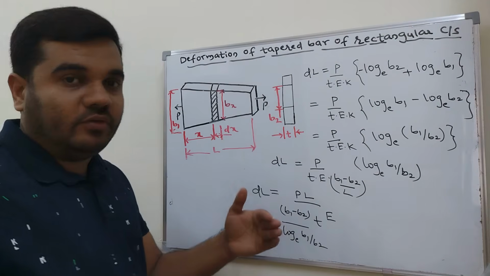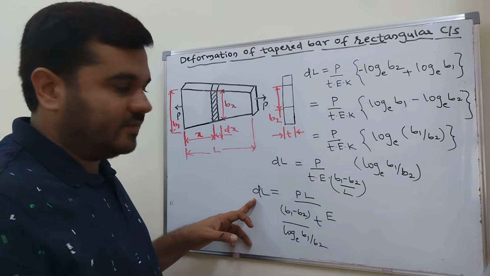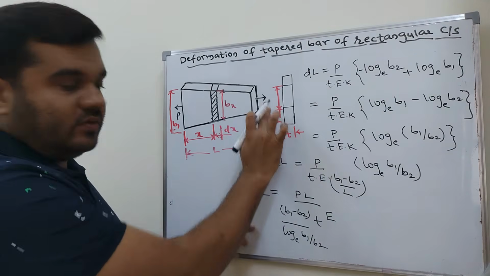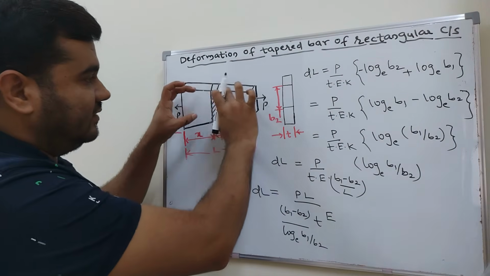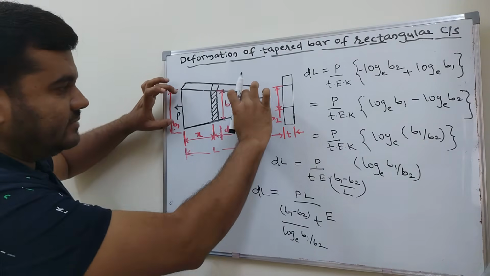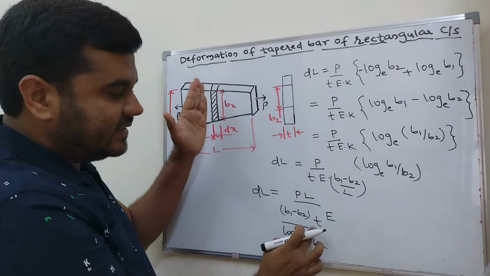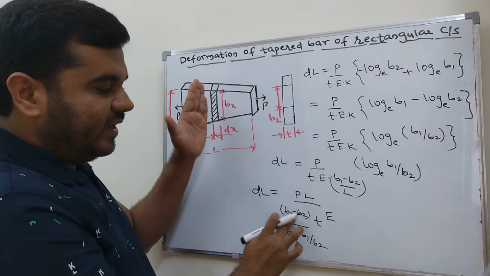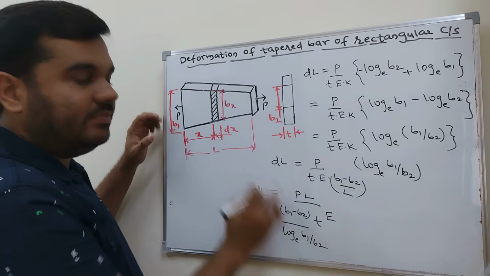Just I'll tell how to remember the deformation. PL by AE, the normal formula. P is as usual the applied load. L is the length of the bar. A of the tapered rectangular bar is width into thickness, but thickness is the same. Width is b1 minus b2 divided by log to the base e of b1 by b2.